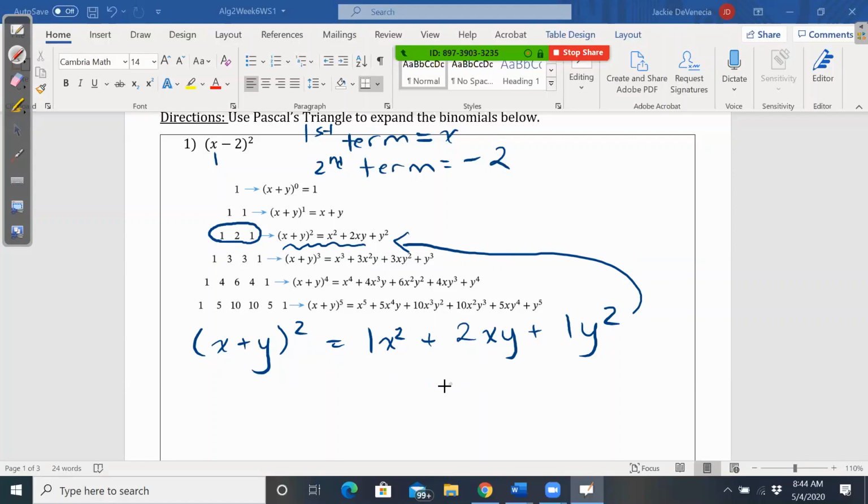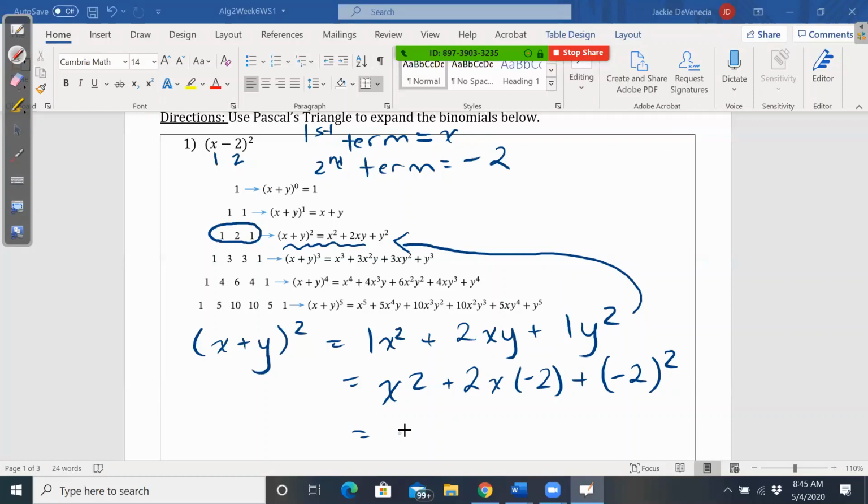And then I can go ahead and start replacing everything. So I'm going to leave x squared alone because my first term was x. 2x, I'm going to leave x alone, but instead of writing y, I'm going to write -2. And then over here, 1 times y squared just gives me y squared, so I'm going to write -2 to the second power.